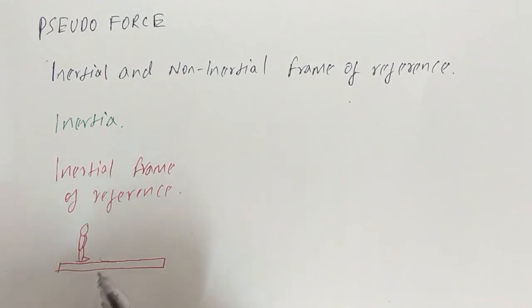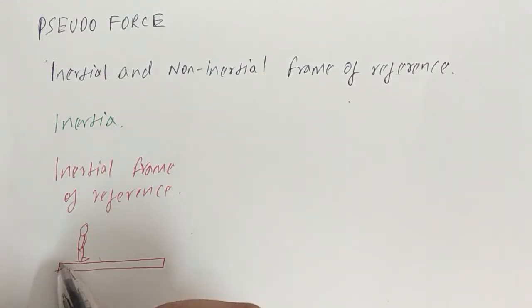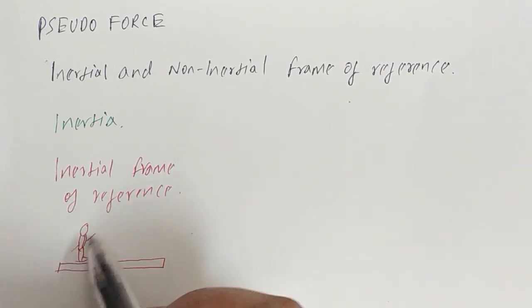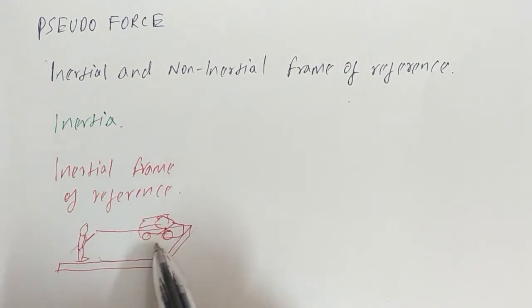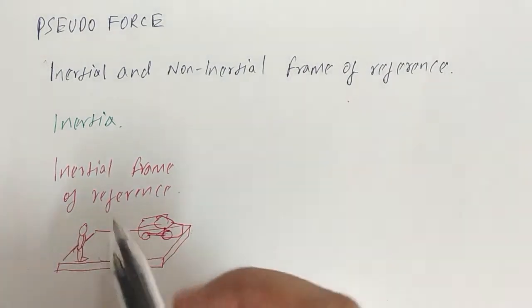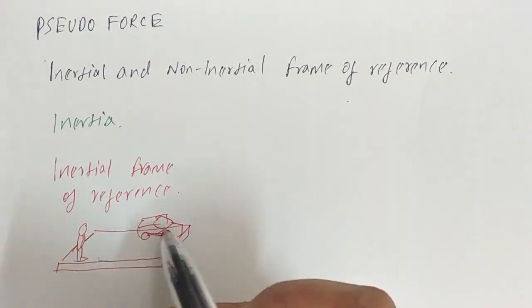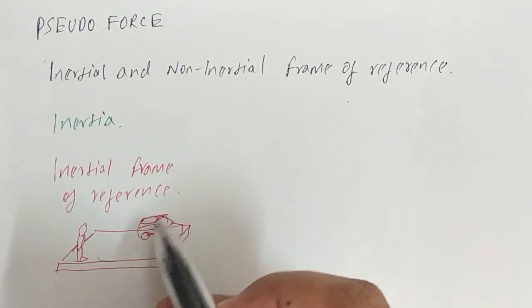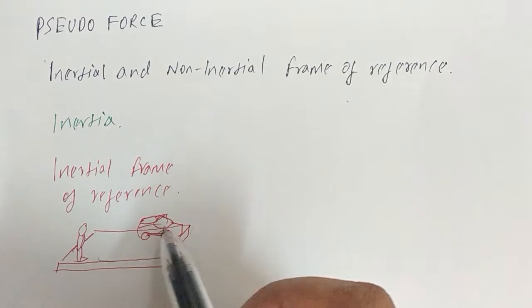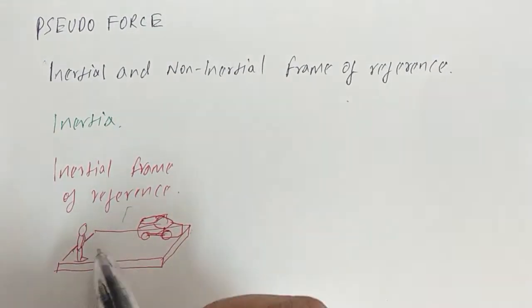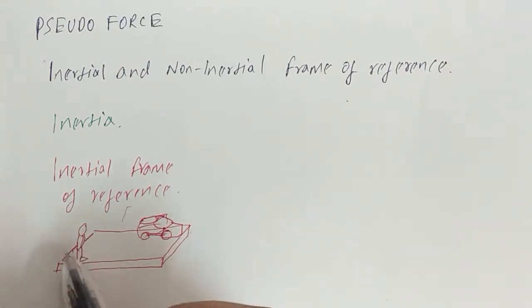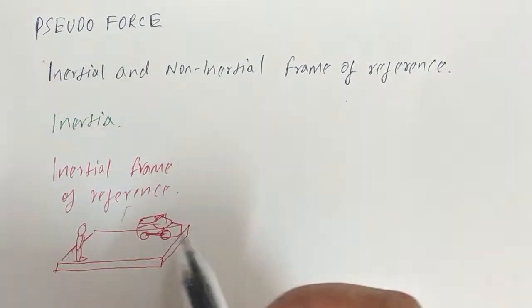Now you observe a car that is moving on this ground. This frame where you are standing is your frame of reference. You are seeing the car and all the physical phenomena occurring inside the car are observed by you from this ground. So this is the frame of reference.